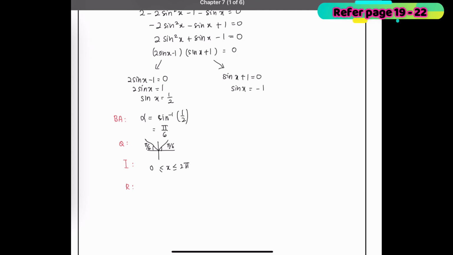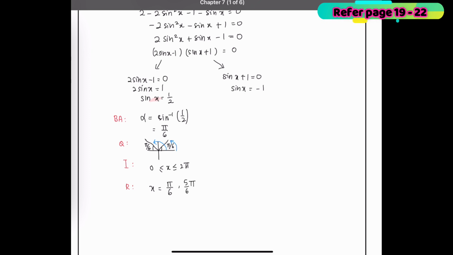And the last one, rotate. So x equals, the first rotation is pi over 6, and the second one is pi minus pi over 6, and the answer is 5 over 6 pi.